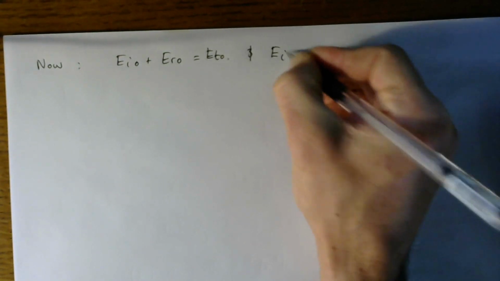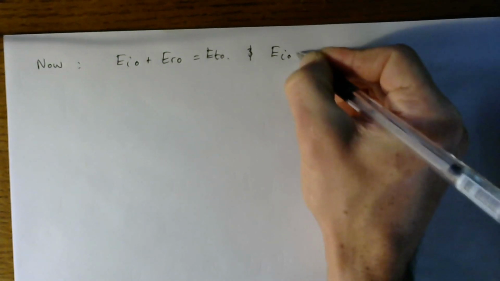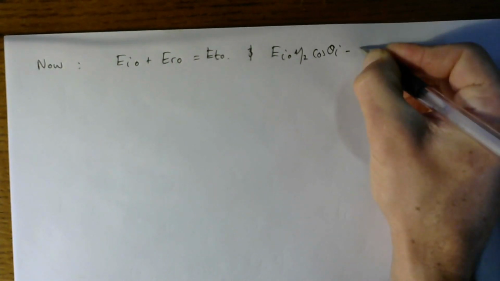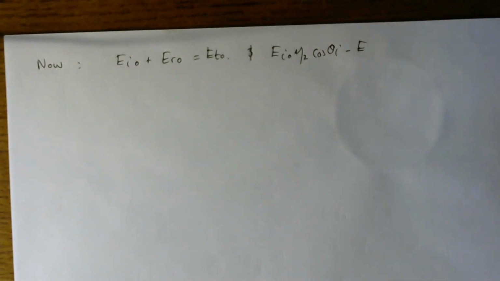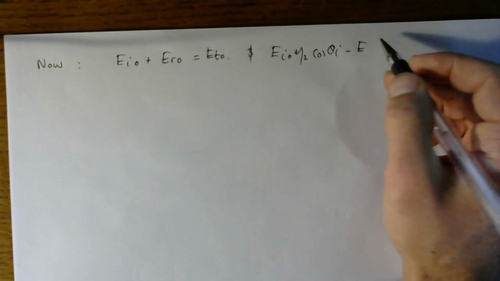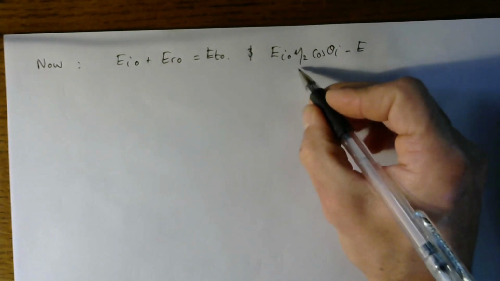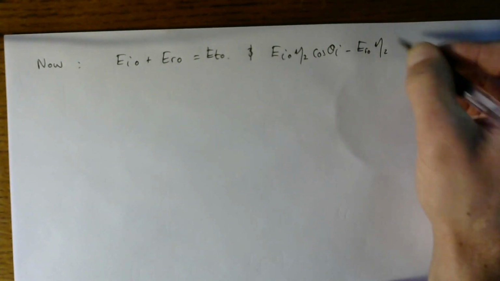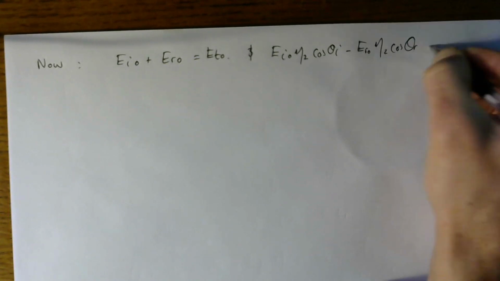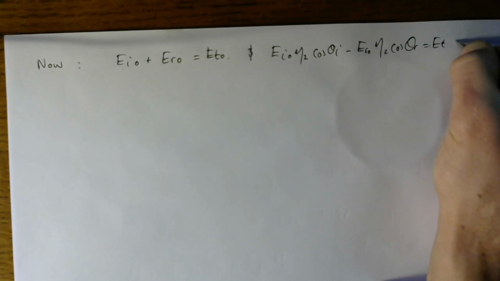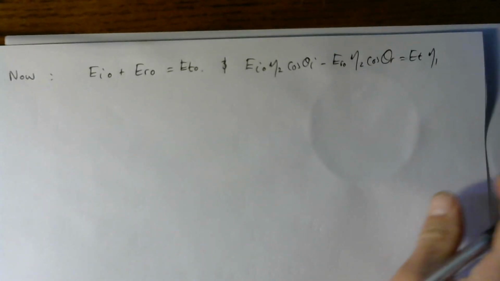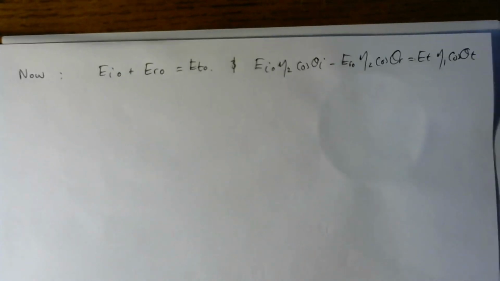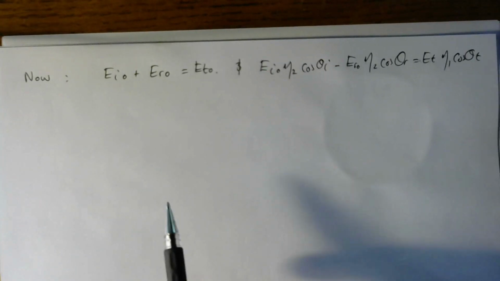And using the continuity of the magnetic fields, I have calculated this: EI0 eta 2 cos theta I minus ER0 eta 2 cos theta R is equal to ET0 eta 1 cos theta t. So one equation, second equation.